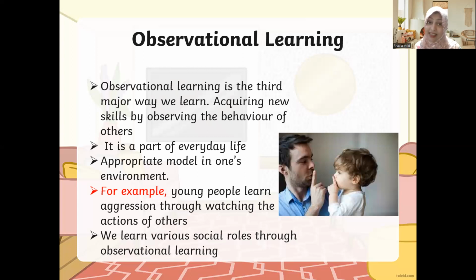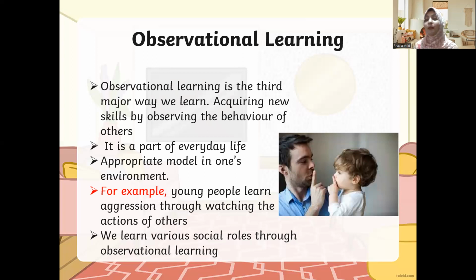The second point, which is very important in observational learning, is that we need an appropriate model. If the right model is not presented, we will learn wrong things. For example, young people learn aggression by watching the actions of others. In Tom and Jerry, there is a lot of violence, right? The child will learn that violence.